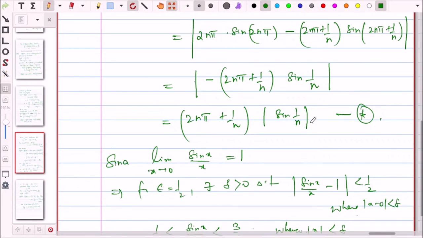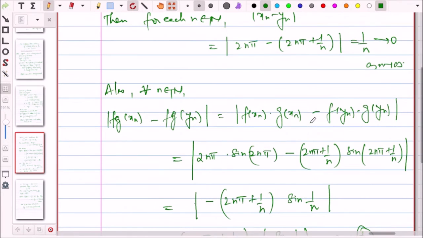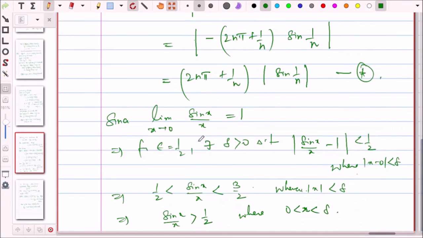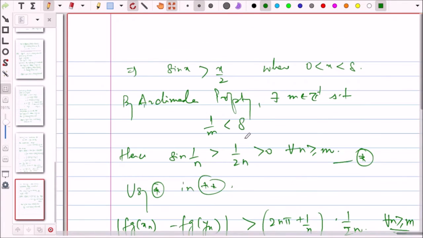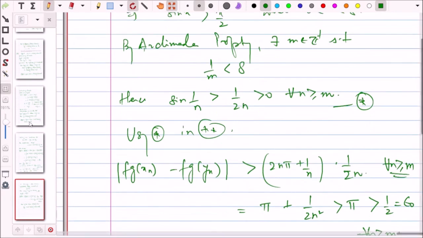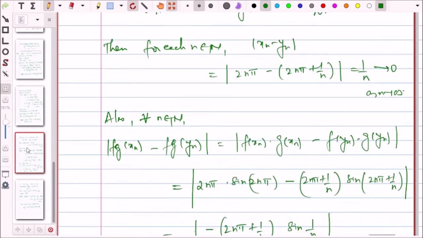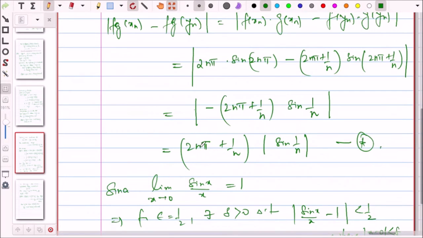Once this diverges to infinity, it follows the non-uniform continuity criteria. When you take n to infinity, this will go to infinity, this will go to 0, and this lies between -1 and 1, so overall this will go to infinity.